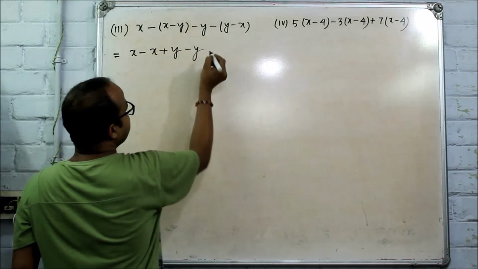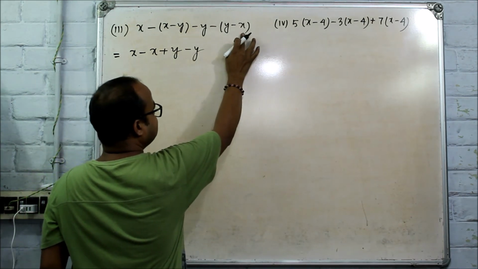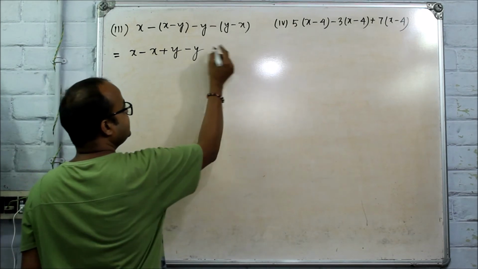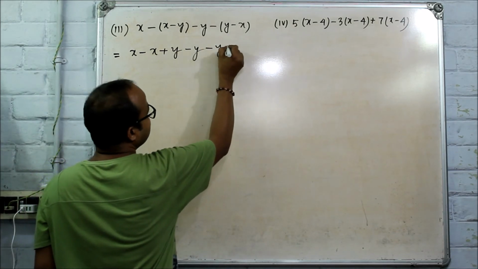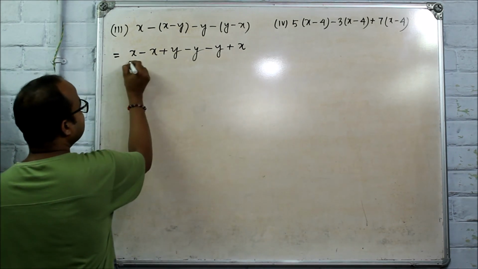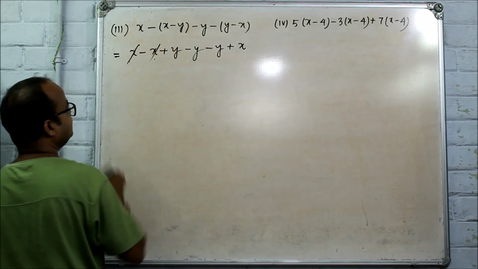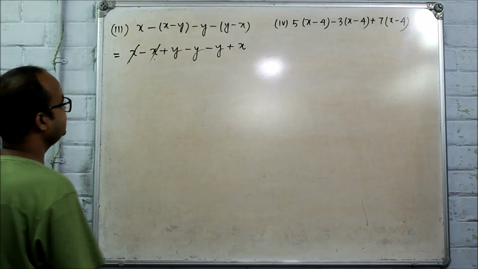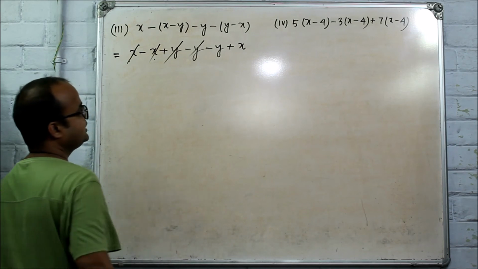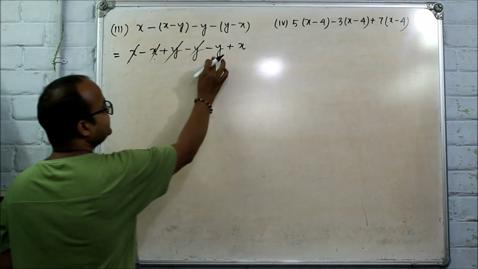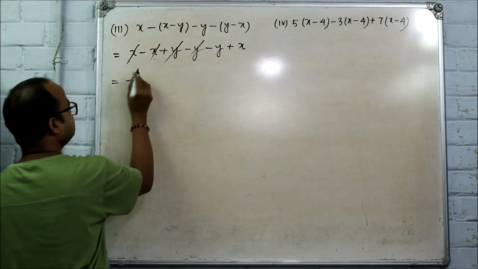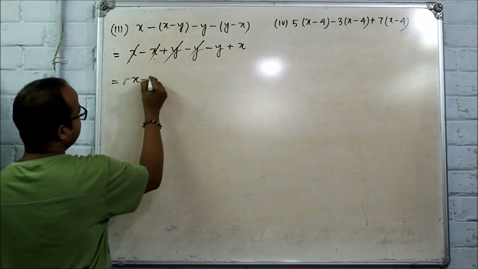Next, minus of y minus x, outside sign is negative, so each term will change its sign: minus y plus x. Now see, plus x minus x, same term, opposite sign, they will cancel each other. Plus y minus y, same term, opposite sign, they will cancel each other. So we are left with minus y plus x, or you can write it as x minus y.